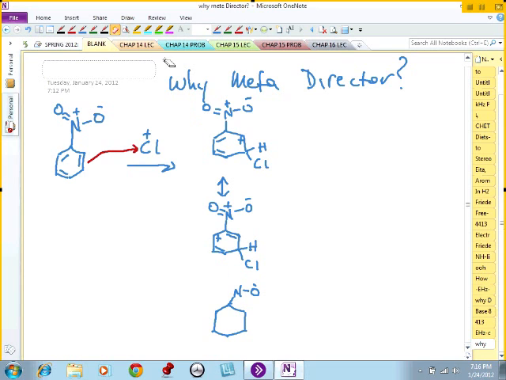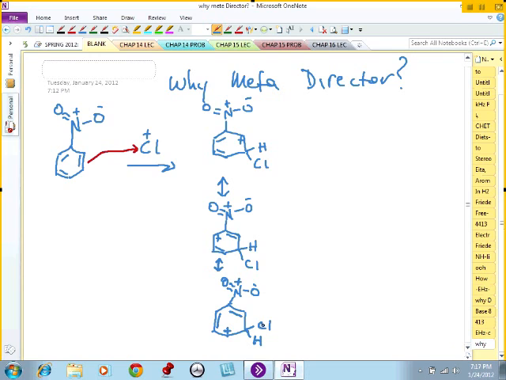Put this out of the way. If we do that, we now move this to here, this is still here, and the positive charge is here. So we have those positive charges.